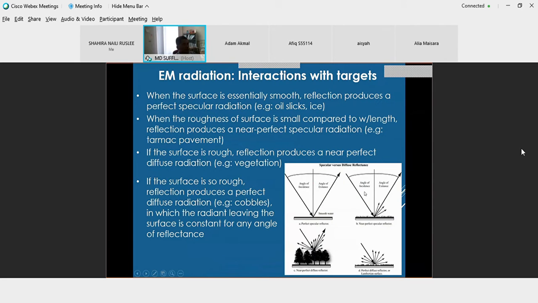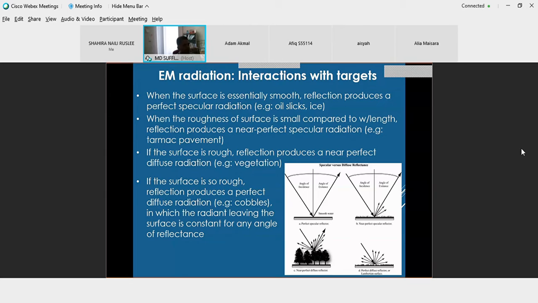And when surface is essentially smooth, reflection produce a perfect specular radiation. Oil slick, ice. That's why kalau kawasan tu ada oil slick, biasanya dia akan bagi smooth, ataupun dia akan bagi constant reflector. So when the roughness of the surface is small compared to the wavelength, reflection produce a near perfect specular radiation.